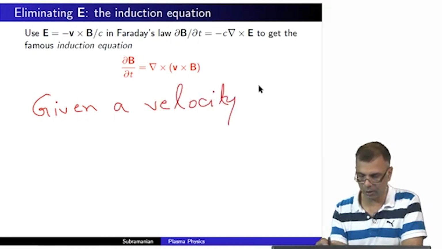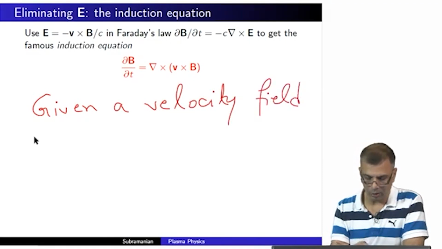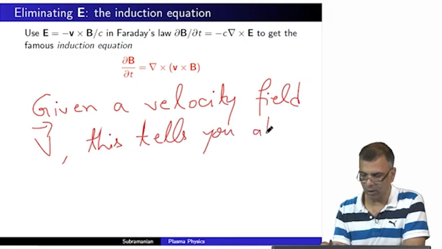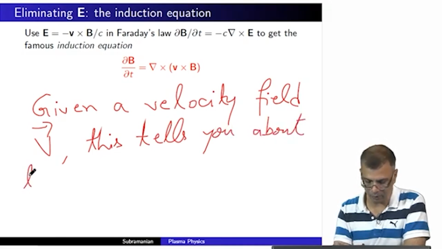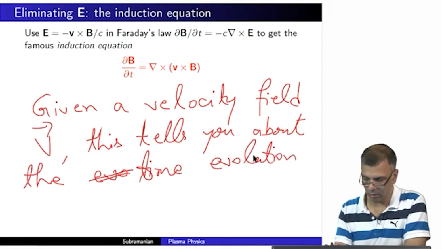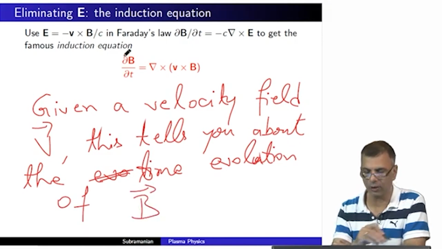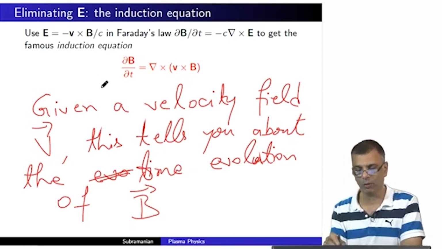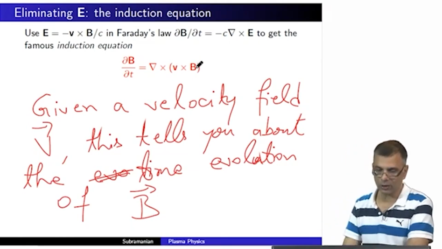Given a velocity field V, this tells you about the time evolution of the magnetic field B. All you need is V, right, and this is a complete dynamical equation for B. And this is what is called the induction equation.